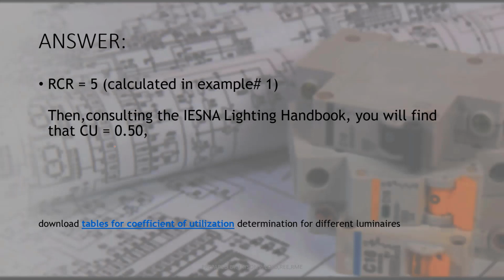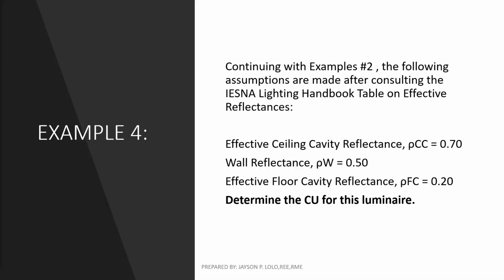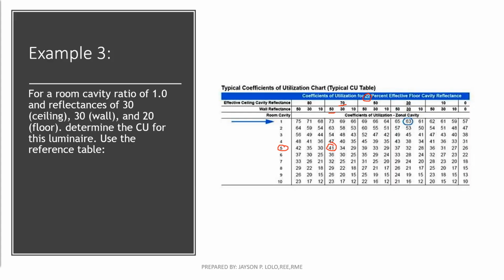Dapat it must be 0.41. Okay, since RCR is 5. Room cavity. So 5. So asa niya gikuha ang 50? Sayop na siya, nasaag siya. Okay, the answer must be 41.